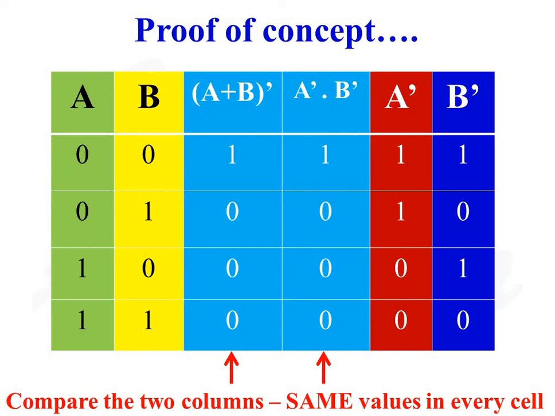The third column of this table represents the complement of A or B, the result of the NOR operation. And the fourth column is the result of A bar and B bar. Comparing these two columns, we can say that the complement of A or B is the same as the result of the operation A bar and B bar.